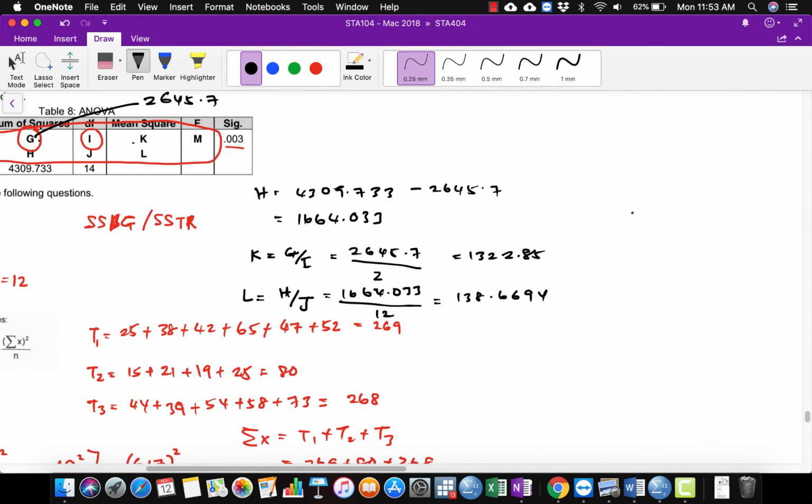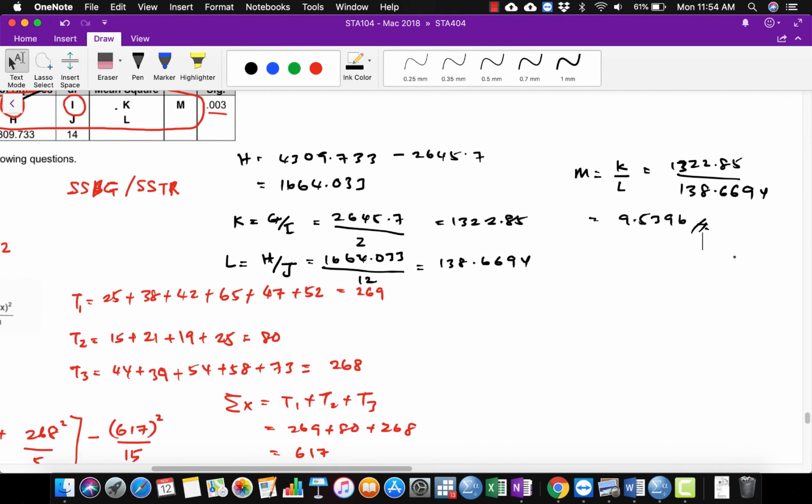And M should be equal to the ratio of K and L, which is 1322.85 divided by 138.6694, so M should be equal to 9.5396. That's all, right?